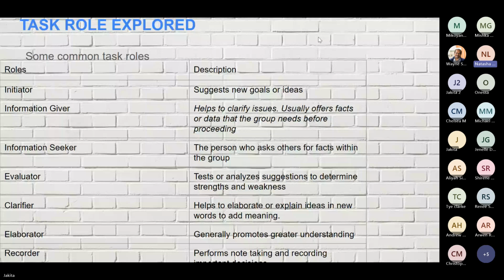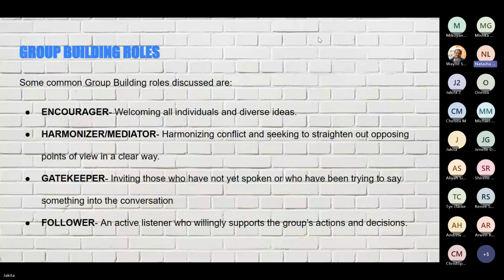Next slide, we look at the group building roles and some of the common roles that are part of this component. We have the encourager. The encourager welcomes all individuals and diverse ideas. The harmonizer, the mediator, harmonizes conflict and seeks to straighten out opposing points of view in a clear way.